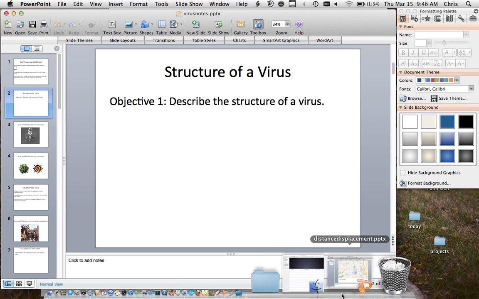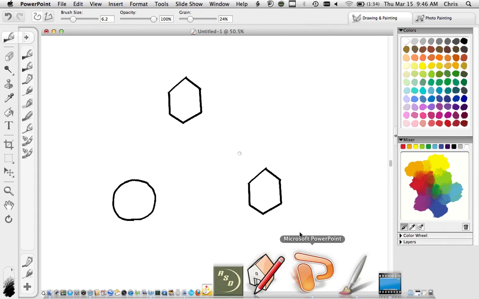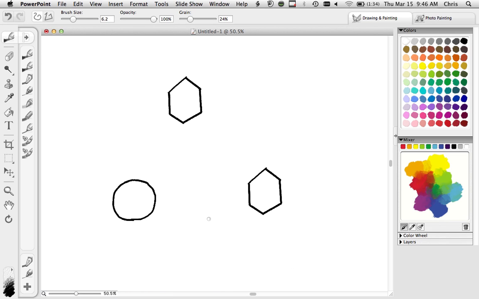Let me draw a virus out for you very quickly, and I have a couple objects right here, and they look very geometric, and some of these viruses are geometric in shape. And you kind of have to think in 3 dimensions here, and I'll show you a real picture of a virus pretty soon, but all viruses have a capsid. A capsid is made of proteins, and it is kind of like a shell for a virus.